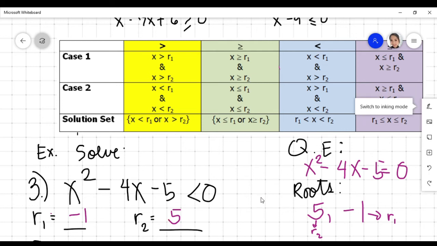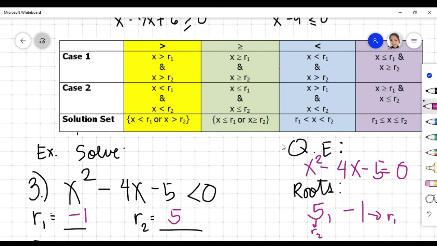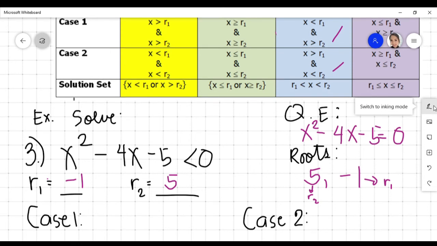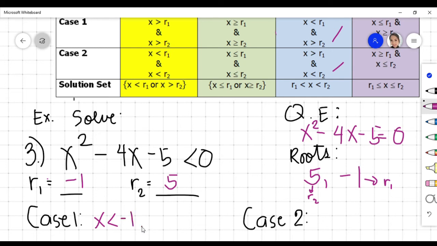Next, let's determine the cases for this inequality. We have here less than 0, so we will make use of case 1 and case 2. For case 1, we have x less than R1, which is negative 1, and x greater than R2, which is positive 5.